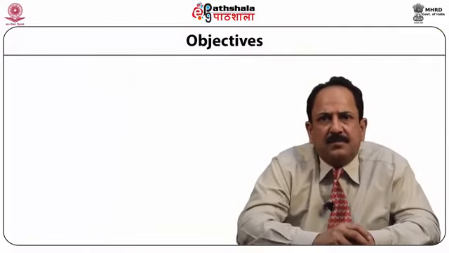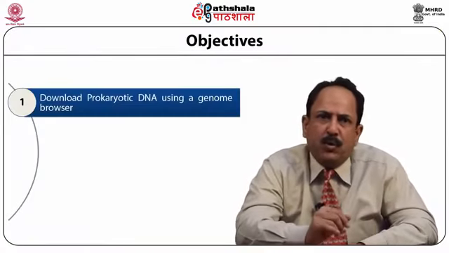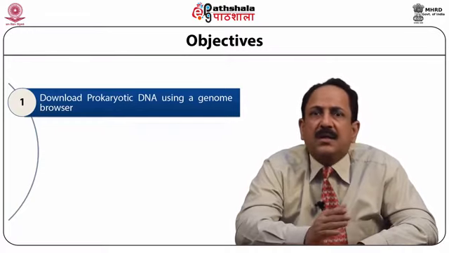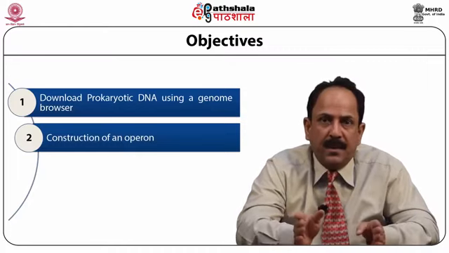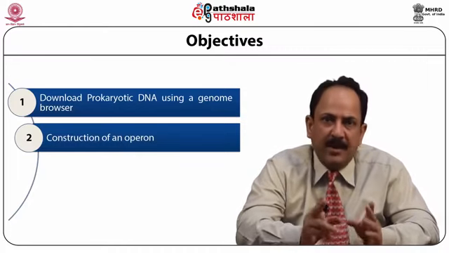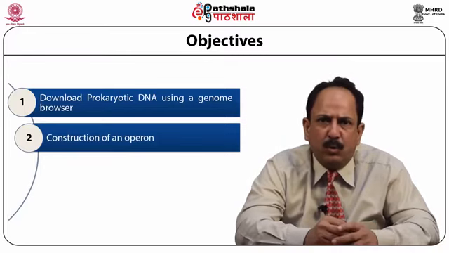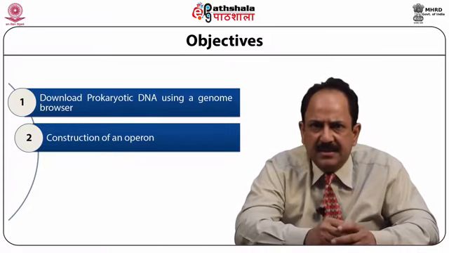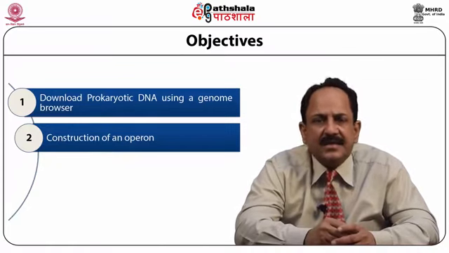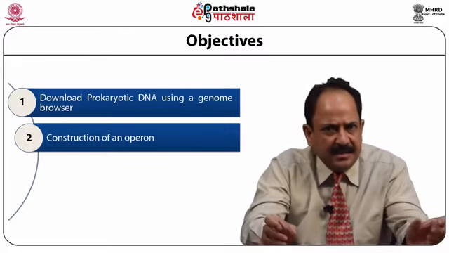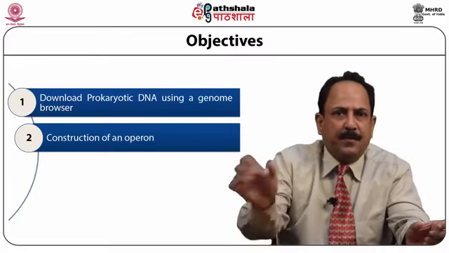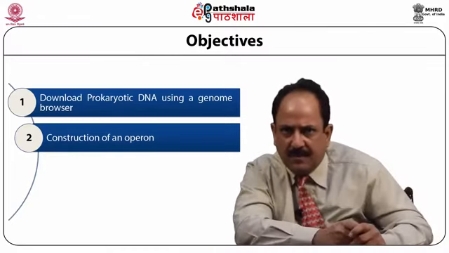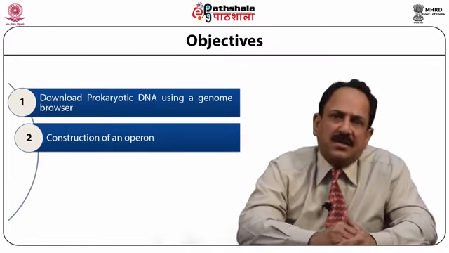In this module, you will download a prokaryotic DNA sequence using a genome browser for the construction of an operon with the prediction of open reading frame encoding the protein product under the control of ribosome binding site, along with its transcription start and termination site, as well as the promoter sequence containing -10 and -35 sequence boxes, which are regulating its transcription.